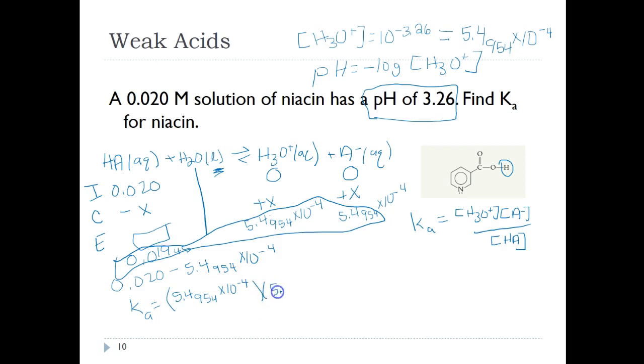Same number, 5.4954 times 10 to the negative 4th for the A minus, and then 0.01945 as my concentration of HA. So what I end up with, rounded to two significant figures, is 1.6 times 10 to the negative 5. So there's our equilibrium constant.